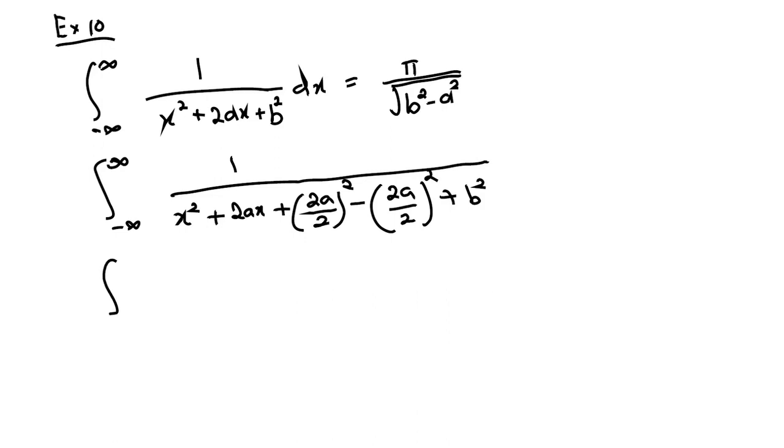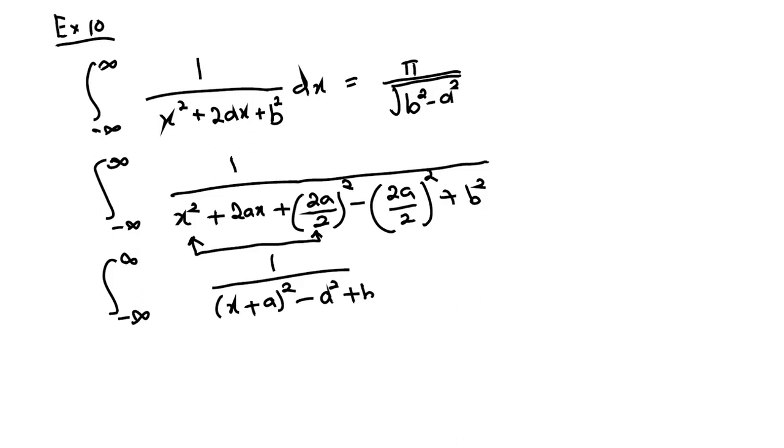Okay, next, 1 over x plus, 2a divided by 2 you get a, so x plus a squared, and then minus a squared plus b squared, dx.